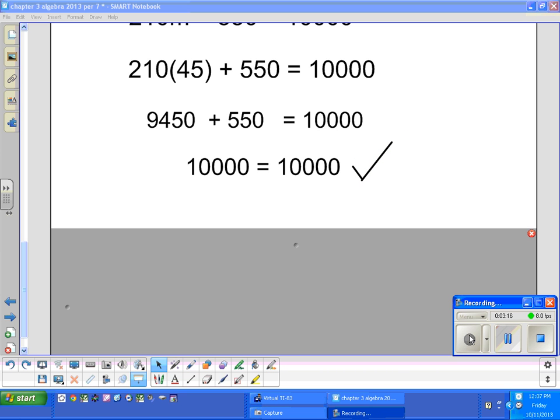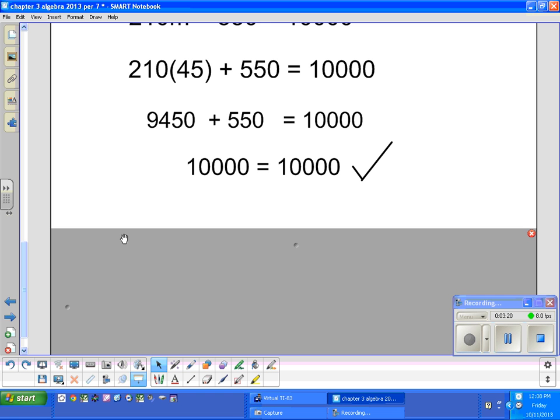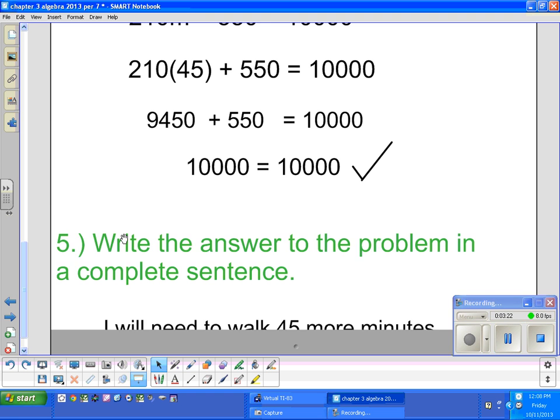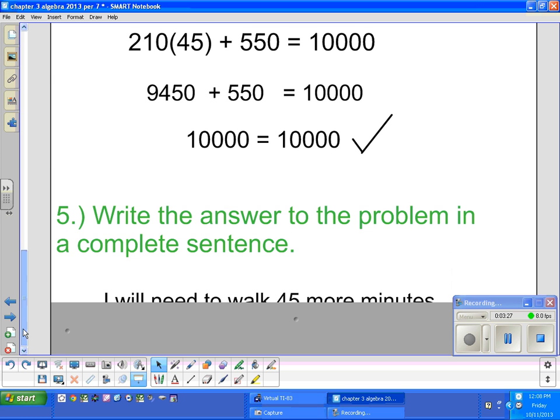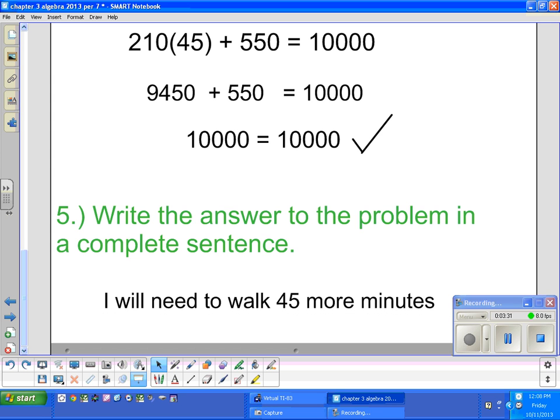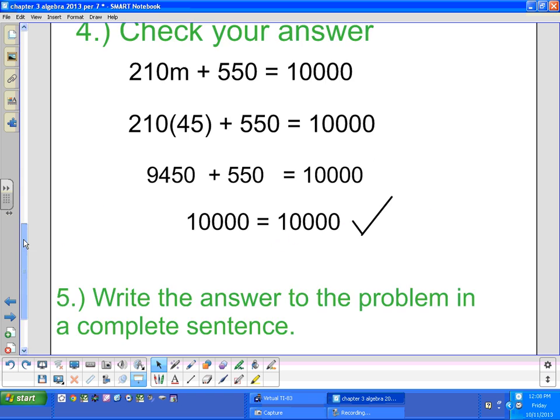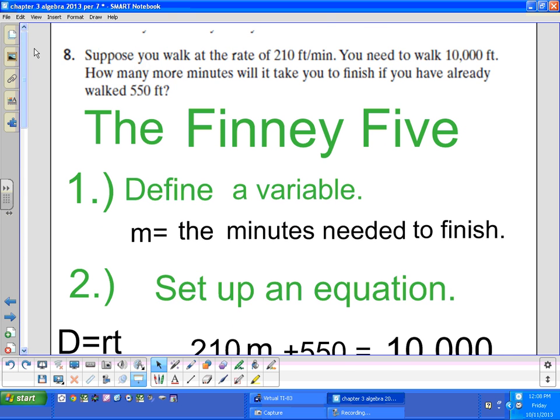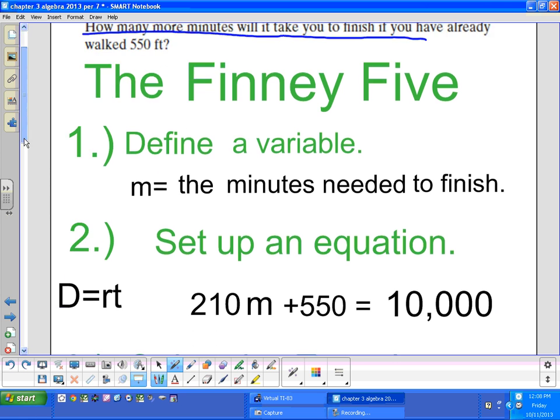The fifth and final step of the Finney 5, how to solve a word problem, is to answer, or write your answer to the problem in a complete sentence. Okay, and our answer to our problem here is, the question was how many more minutes will it take you to finish if you have already walked 550 feet?